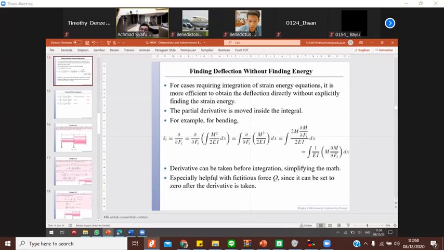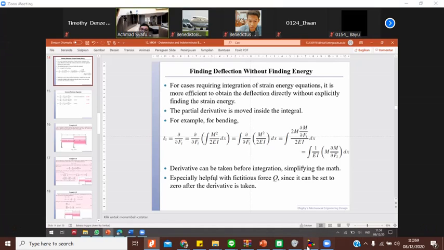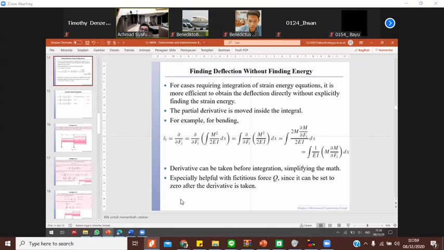Especially with this method, the response set will be set to zero after the derivative is taken.